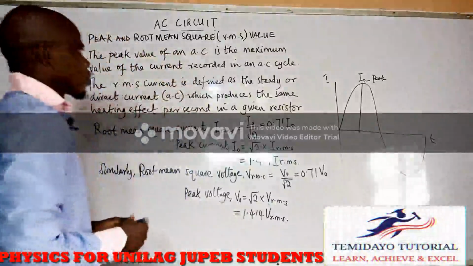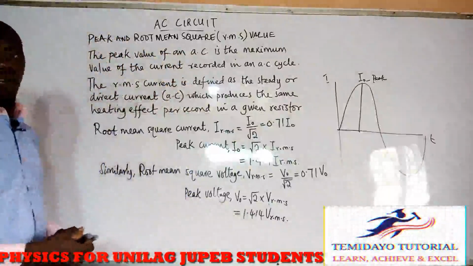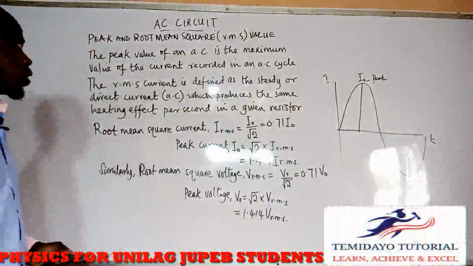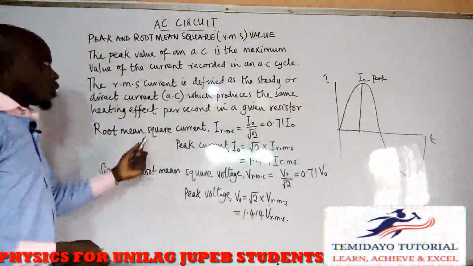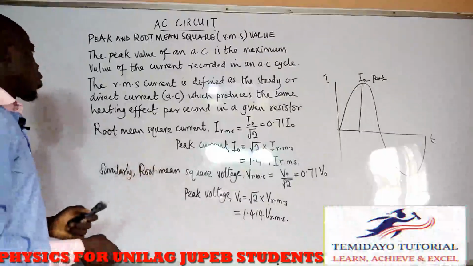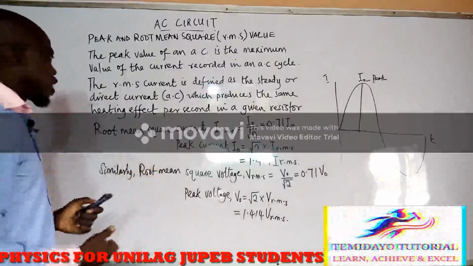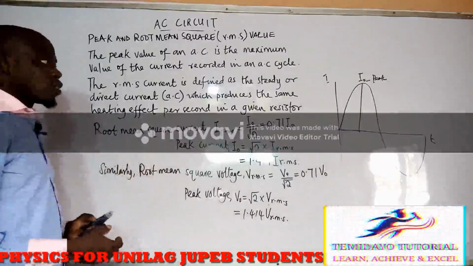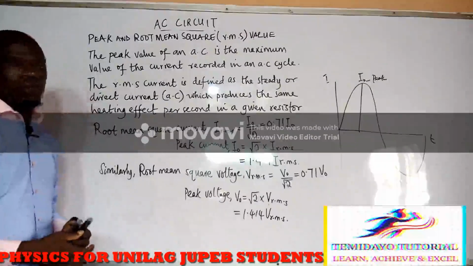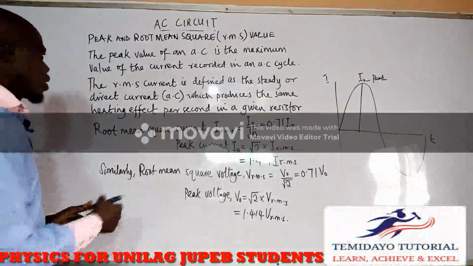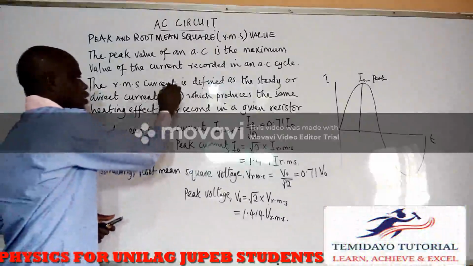And we have the root mean square value. What does the root mean square value mean? The root mean square current is defined as the steady or direct current which produces the same heating effect per second in a given resistor. In that case, this is a DC.